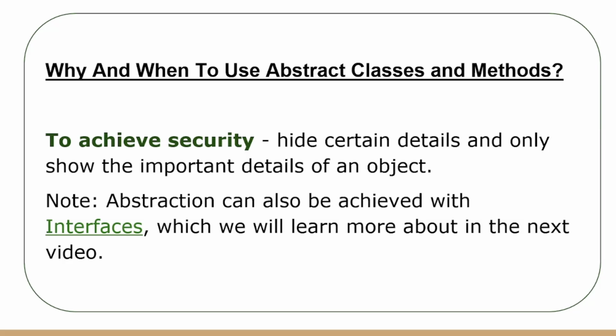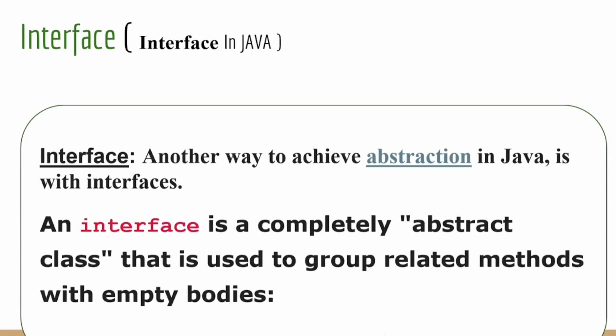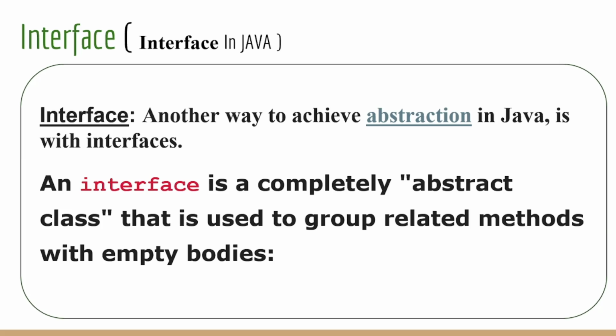And note, abstraction can also be achieved with an interface, which we are going to understand when an interface needs to be used. So let's understand the interface. Interface is also a way where we can achieve abstraction.